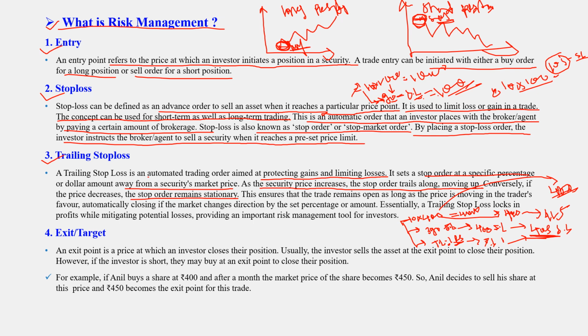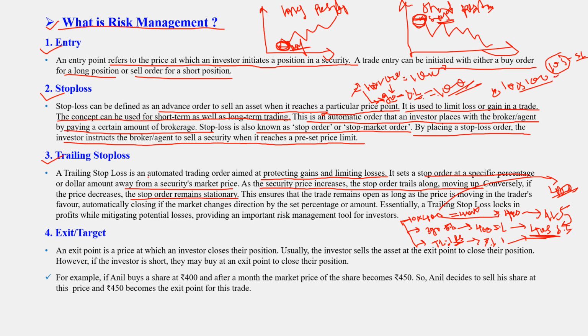This 415 price will come down to 405. This ensures that the trade remains open as long as the price is moving in the trader's favor, automatically closing if the market changes direction by the set percentage amount. Our target is 430, but our target is not hitting.